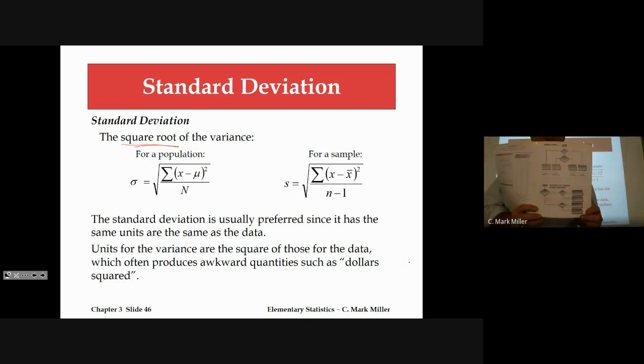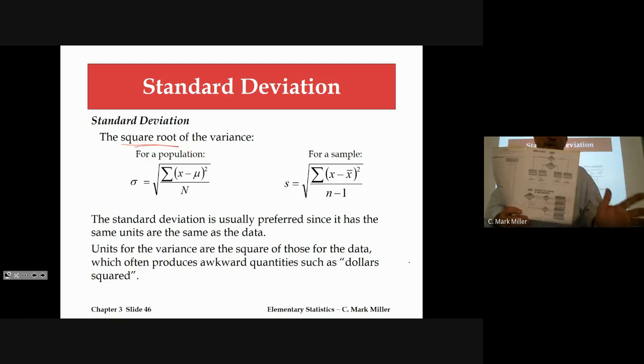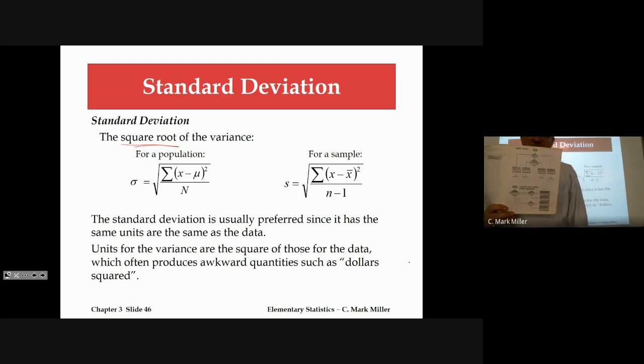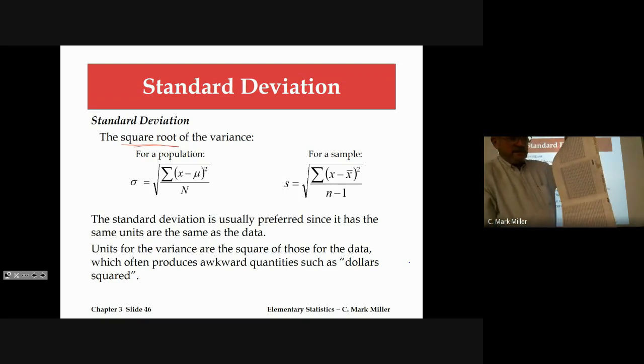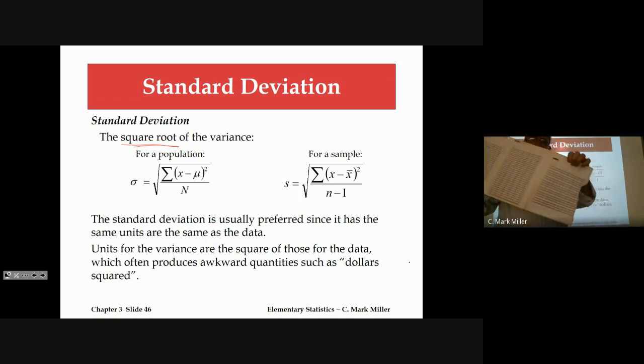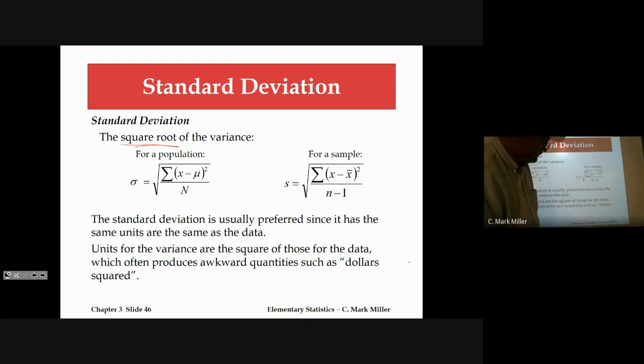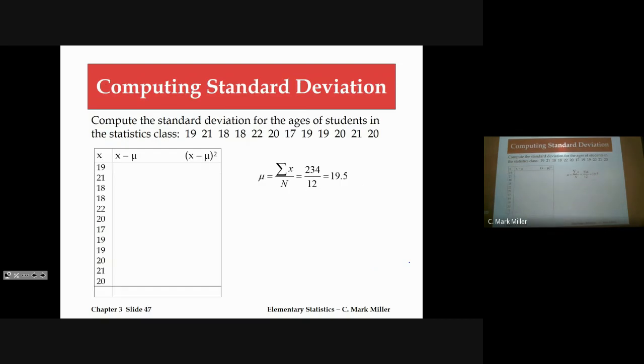You won't get this page, but you won't care about this until down the road. All the formulas are on one side, you're going to have probability distribution tables. On the other side, a million different formulas. You'll have that on the test, except for that one page. So these two formulas you're going to have, but you need to know how to use them. And of course, you need to know how to find them on your calculator, right?